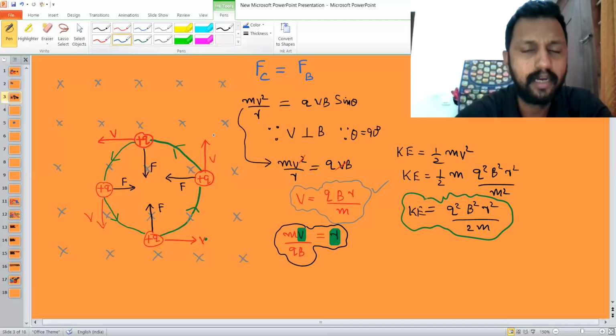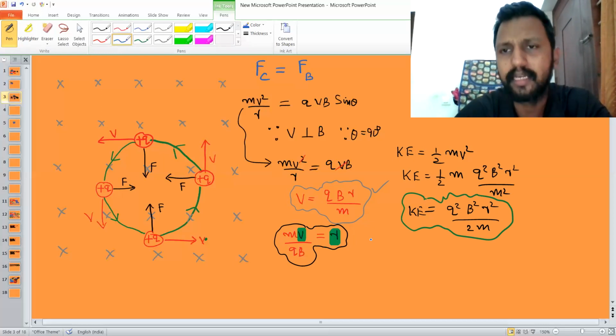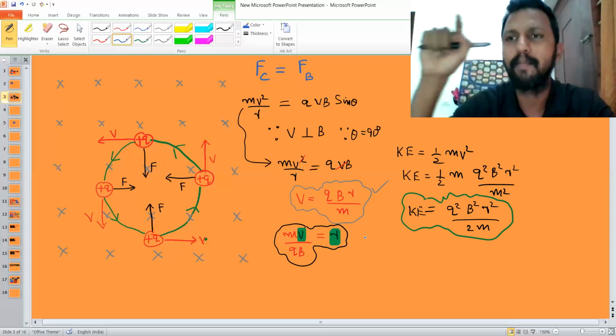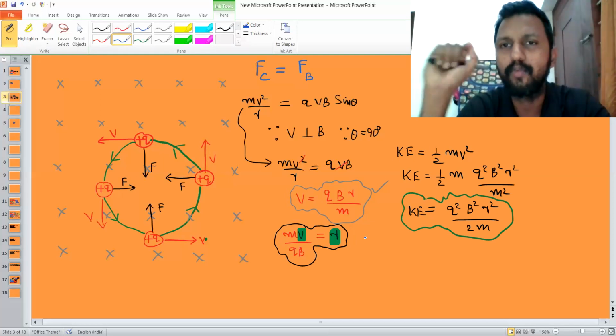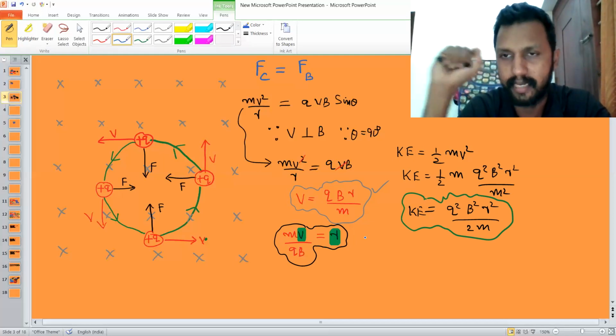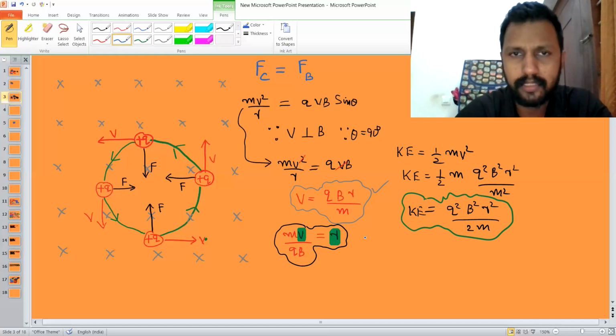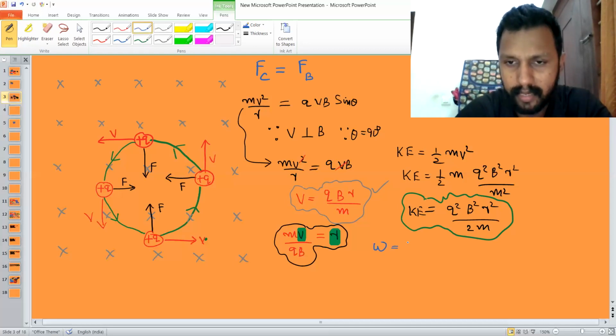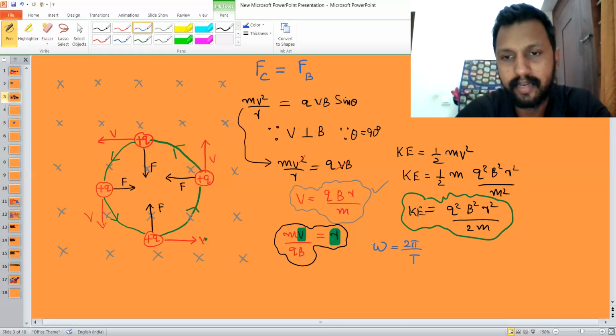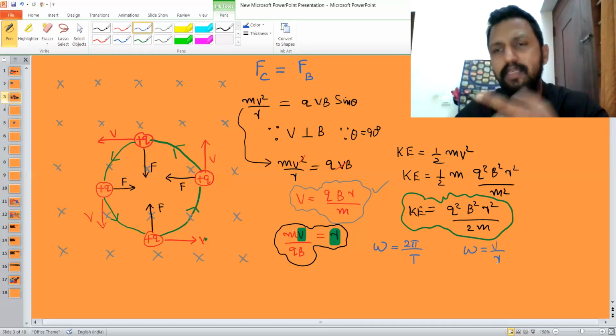Then let us find out the expression for time period. What is time period? It is the time taken for one complete revolution. To get the expression for time period, let's recall omega, the angular velocity. We have learned omega as 2 pi by T. And we have learned omega is equal to v by r, since v is equal to r omega.